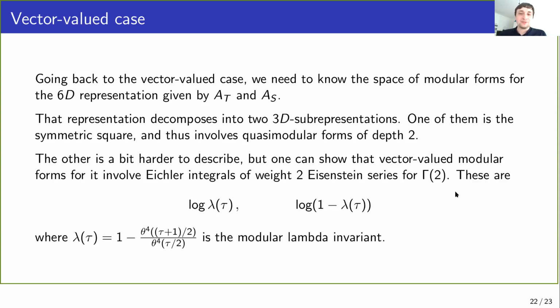It turns out that this is maybe more familiar in classical terms. You just have to consider these two functions: log of lambda of tau and log of 1 minus lambda of tau. Unfortunately, I haven't mentioned anything about lambda, but it is a very famous modular function, called the modular lambda invariant. I did mention what the theta function was, so if you want, you can use this formula as a definition.